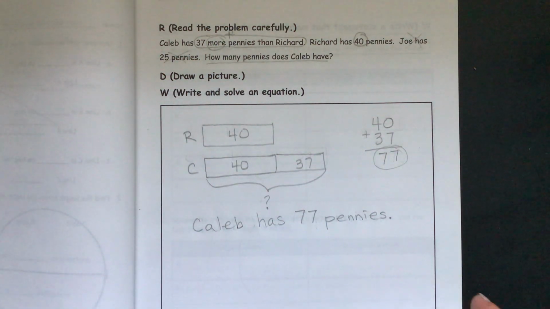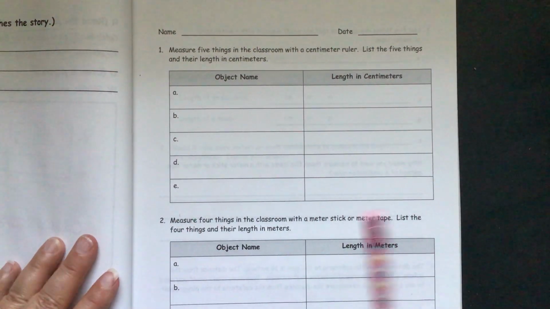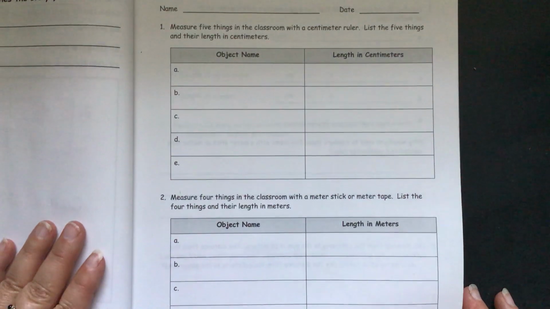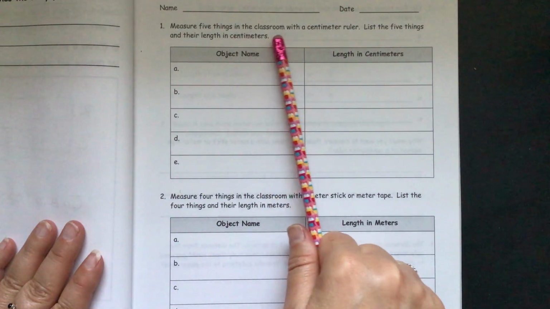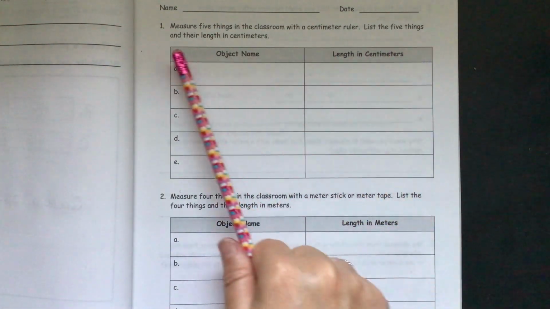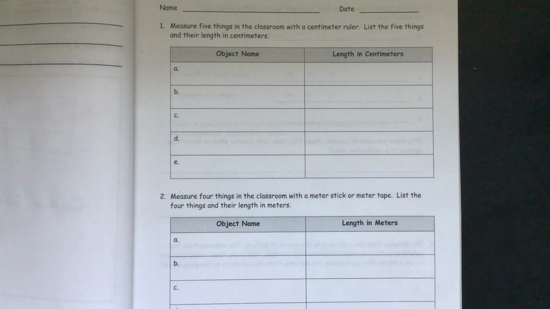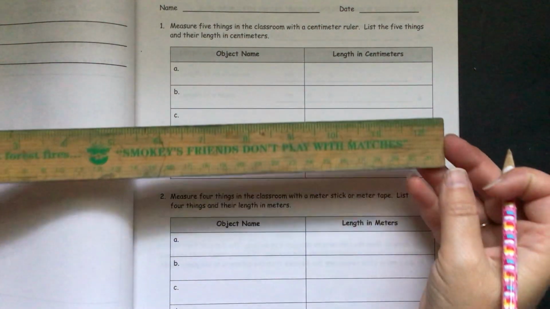Okay, we will move on to our problem set. So the directions in the problem set are: measure 5 things in the classroom with a centimeter ruler. List the 5 things and their length in centimeters. So you will need your centimeter ruler, which might look something like this.